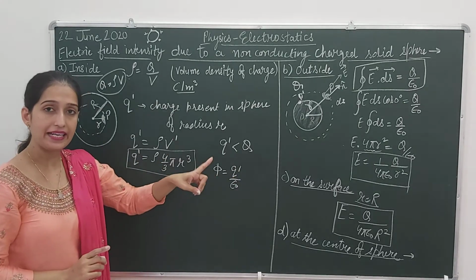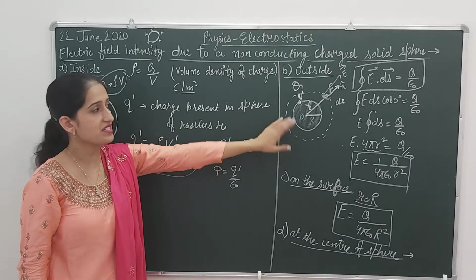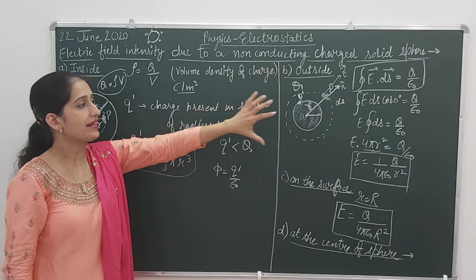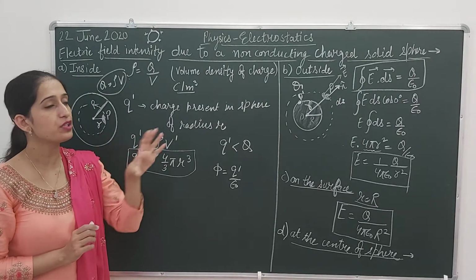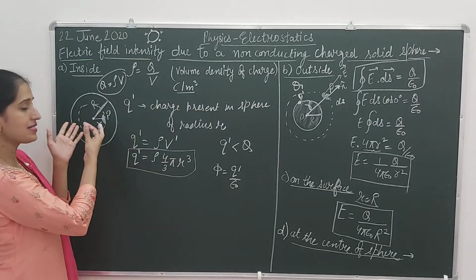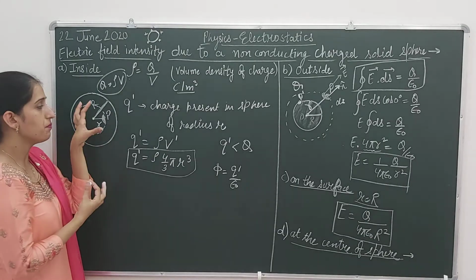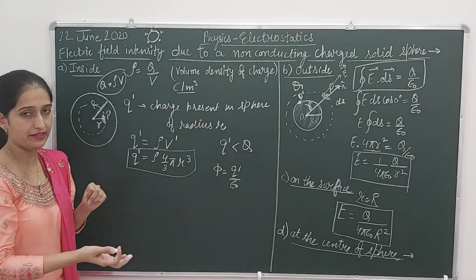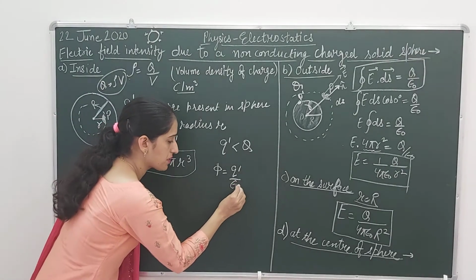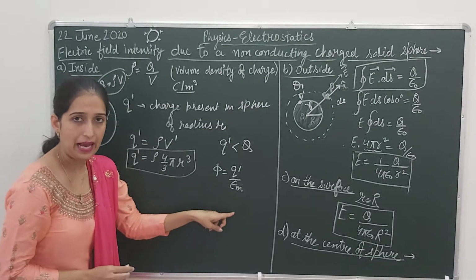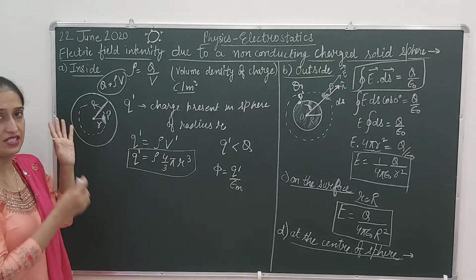Q dash again. When we were finding the electric field intensity outside, our sphere was present in free space, so absolute permittivity was used for the air. But for inside, this solid sphere has a material. Its medium is different from that of air. So in replacement of epsilon naught, we are going to use epsilon m. Epsilon m is the absolute permittivity of the medium of which this sphere is made.